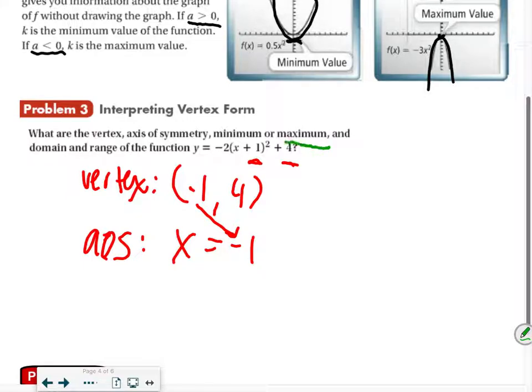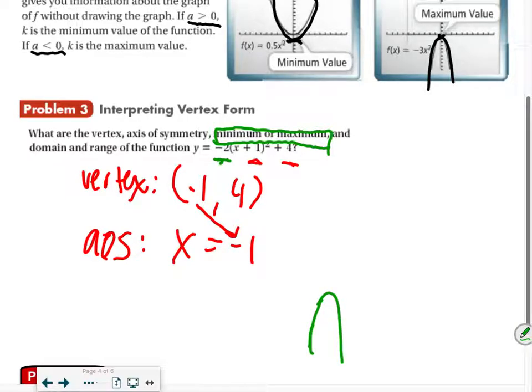How about we stop talking so we can listen. To figure out if we have a min or max, you look out front first. You look at the sign up front. Ours is negative, so that means we go down.